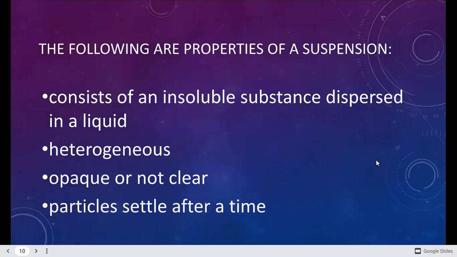Third, it is opaque or not clear, cloudy in appearance. The next one is, particles settle after a time. When you leave that mixture, some particles will remain suspended at the bottom of the container.